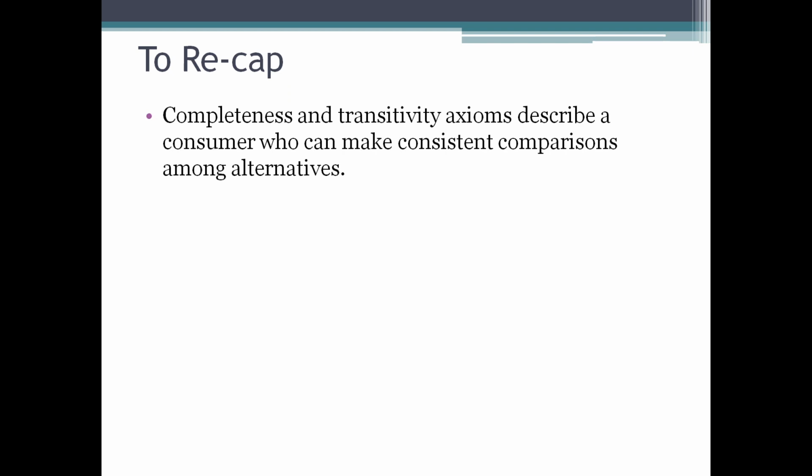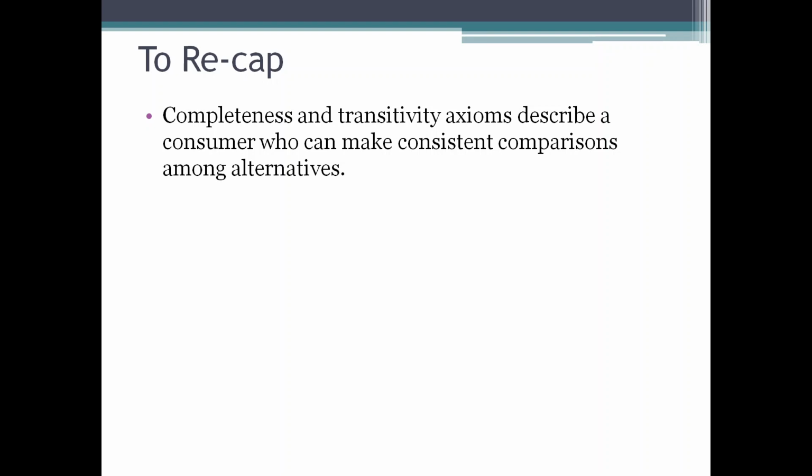Just to recap for this lecture, which I know has been bulky with a lot of information, but hopefully when you read it once, twice and three times, you will find it easy. Just to put the main points: the completeness and transitivity axioms describe a consumer who is rational and can make consistent comparisons among alternatives.